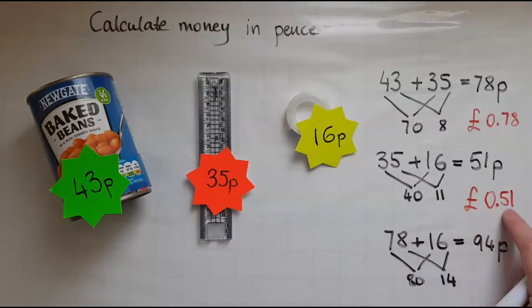So that is 51 pence, and this one would be written as £0.94. So this is how we calculate money in pence, but we also looked at how to write them with money notation, pence and pounds.